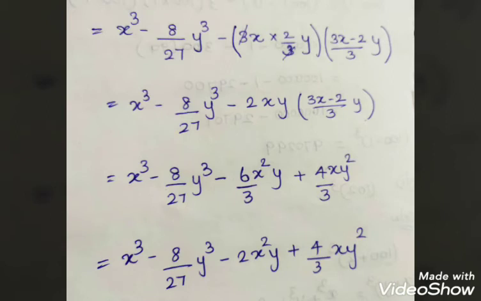So x cube minus 8 by 27 y cube minus, the 3 and 3 get cancelled, the remaining thing we put again: x cube minus 8 by 27 y cube minus 2xy into (3x minus 2 by 3 y). Next we are multiplying xy into that bracket: 6 by 3 x square y plus 4 by 3 xy square. 6 by 3 means 1 3 is 3, 2 3s are 6. So x cube minus 8 by 27 y cube minus 2x square y plus 4 by 3 xy square.